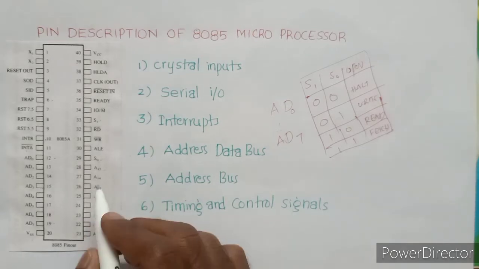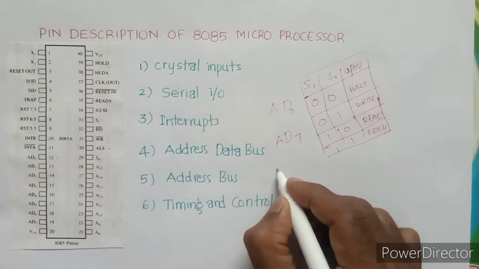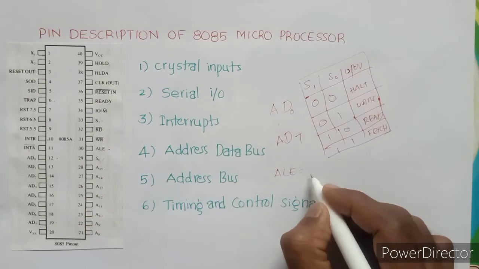Next, ALE, the 30th pin. ALE is address latch enable.